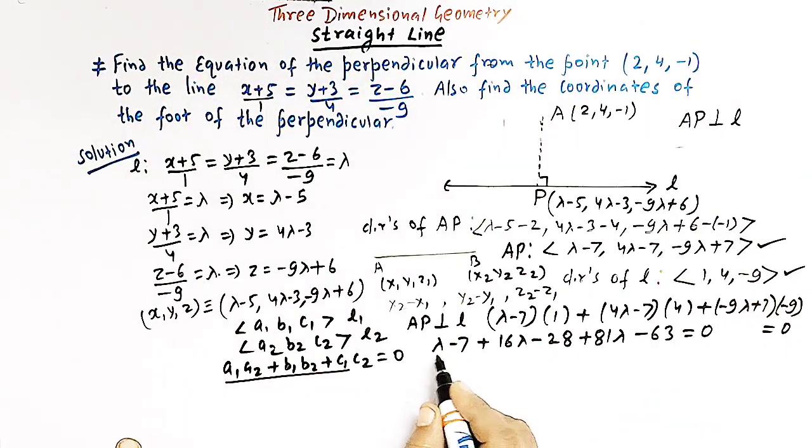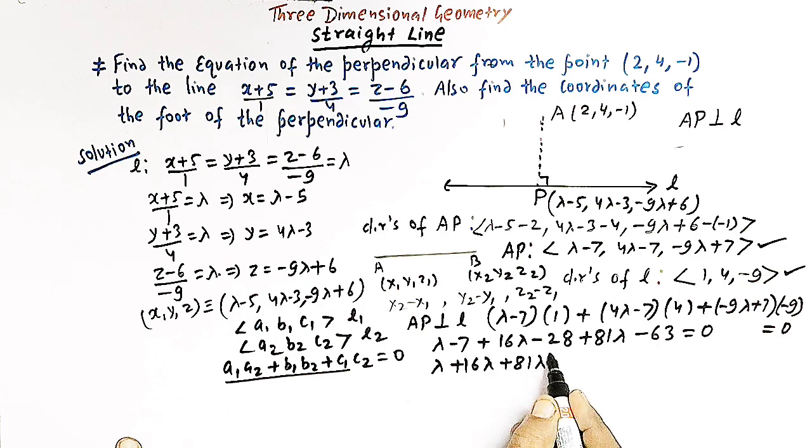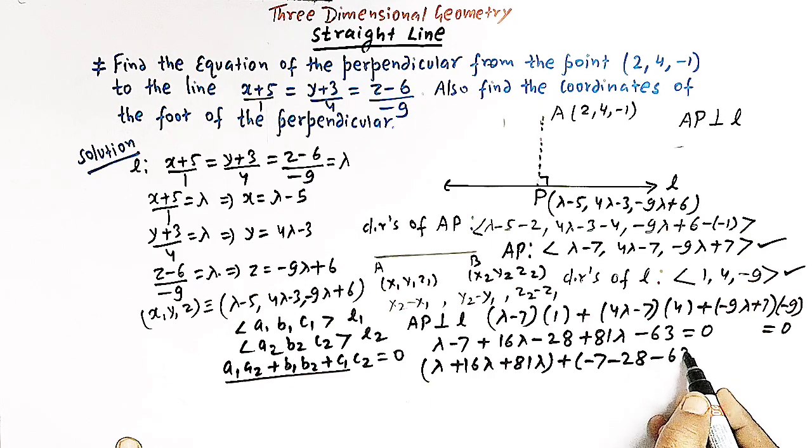So now we can collect the terms containing lambda. So we have lambda plus 16 lambda plus 81 lambda, and then we have minus 7 minus 28 minus 63 is equal to 0.